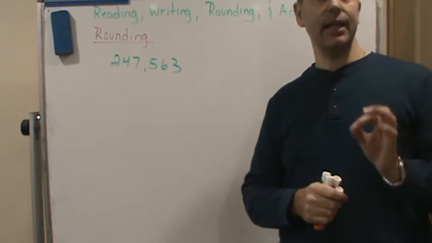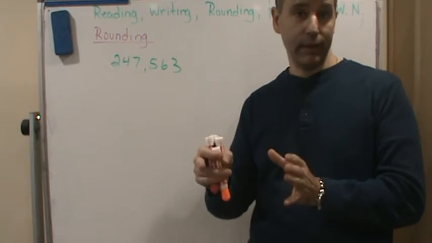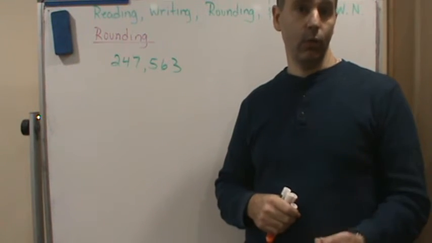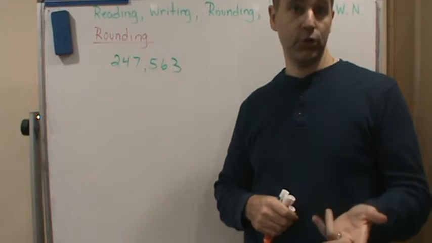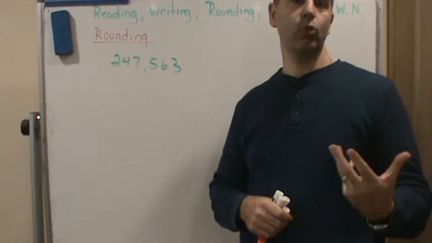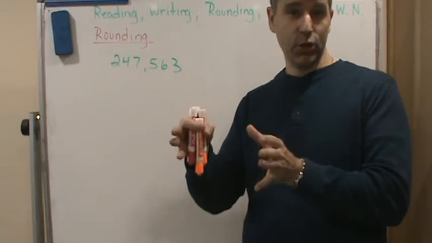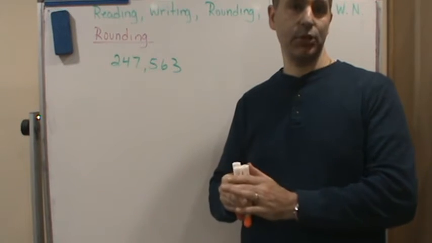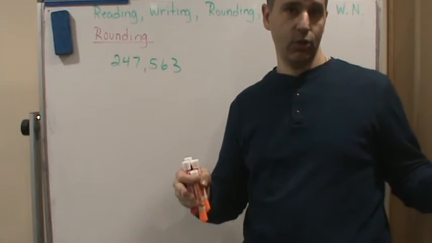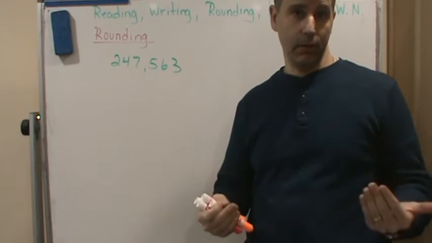If the digit to the immediate right is 4 or lower, which means 4, 3, 2, 1, or 0, then you're going to keep the place value that you're rounding unchanged, and change all of the digits to the right of that place value to zeros.